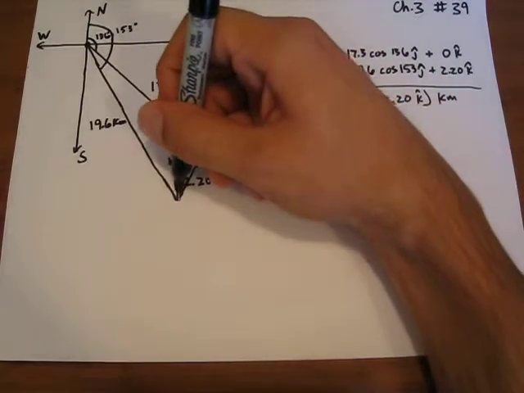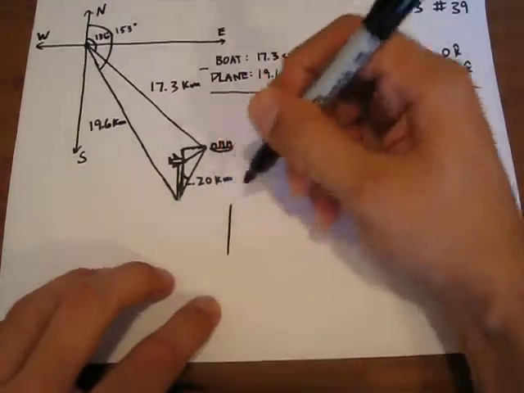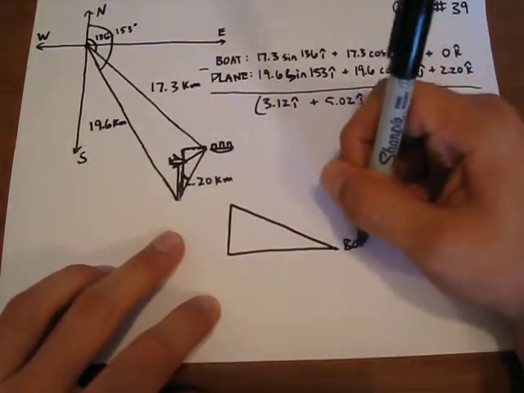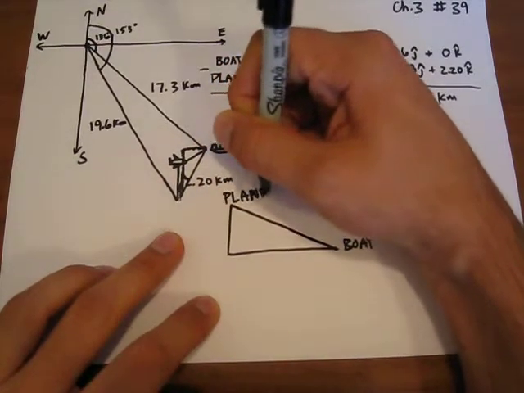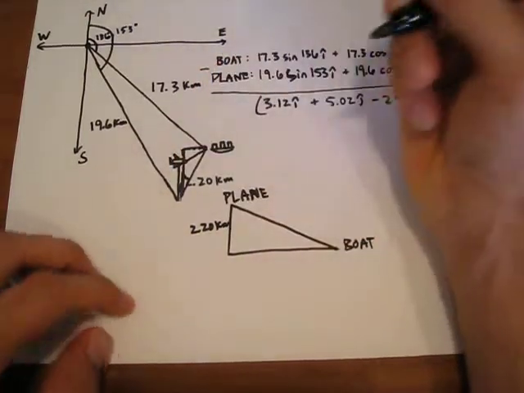And then if you look carefully, this actually forms a right triangle. So you can redraw your triangle down here. So this is the boat, and this is the plane. And the plane is 2.2 kilometers above.